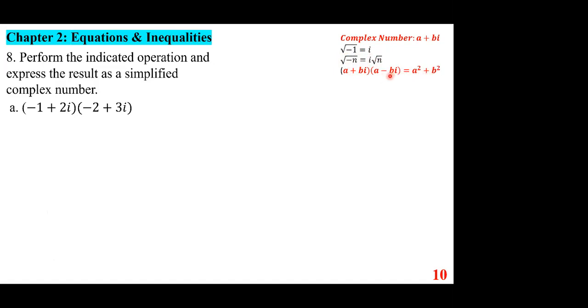I hope you understand why, because remember a plus b times a minus b is a squared minus b squared. Everybody remembers that, right? So what is this equal to? This is a squared minus b squared i squared, and i squared is -1. So that's why we have this.